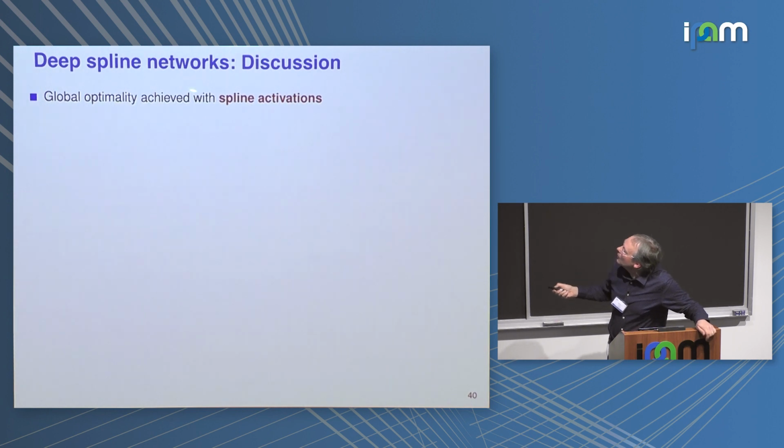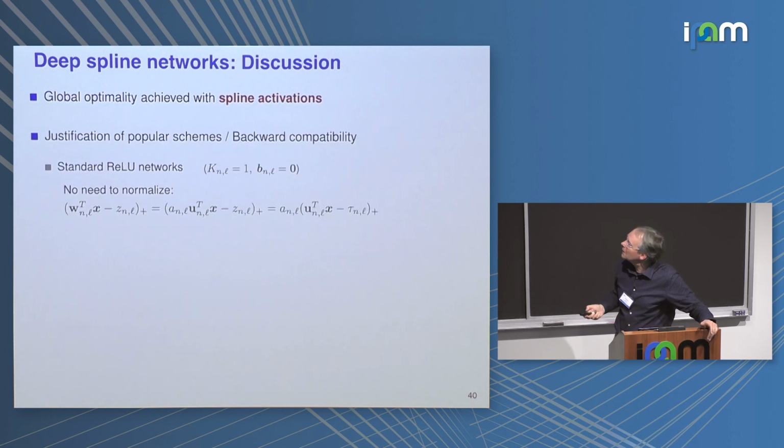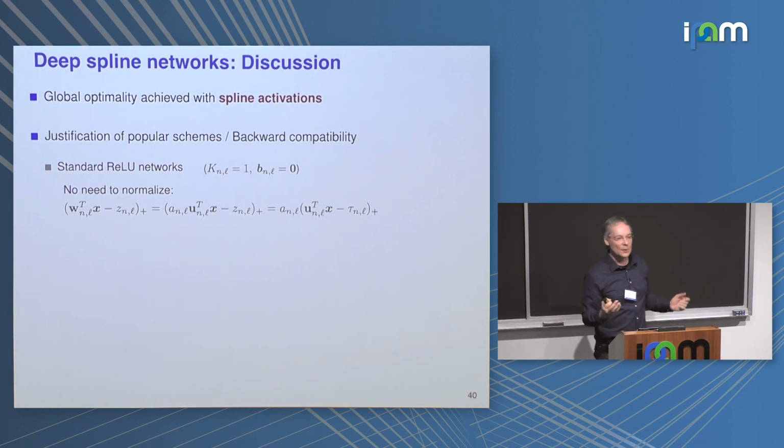Now, global optimality with spline activation. That's what the theorem says. And it's backward compatible with what people do, because the standard ReLU network has just one knot per neuron. So it's compatible.